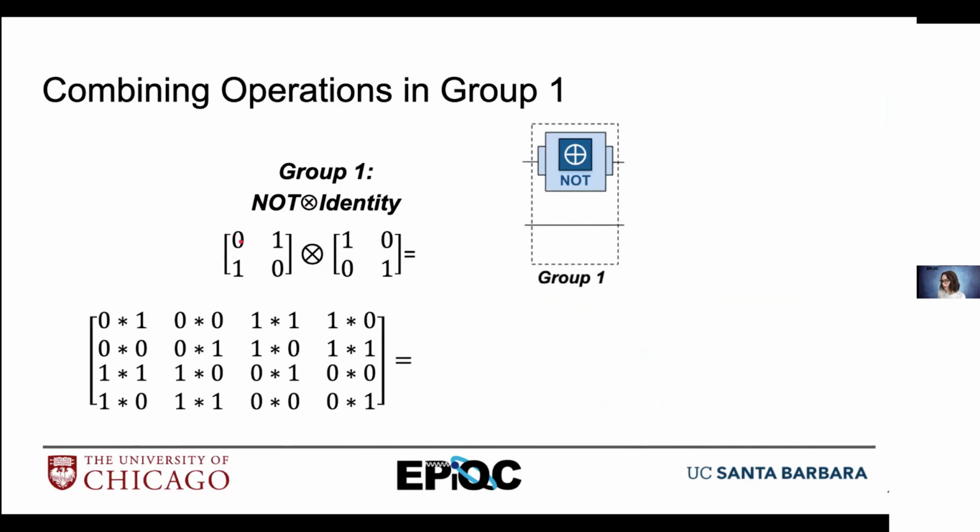So every element in this top submatrix is going to use the top left element of our NOT operation. So we have 0, 0, 0, 0 multiplied by every element in our second matrix. So 1, 0, 1, 0. And then we go through and fill the matrix with those types of multiplications.